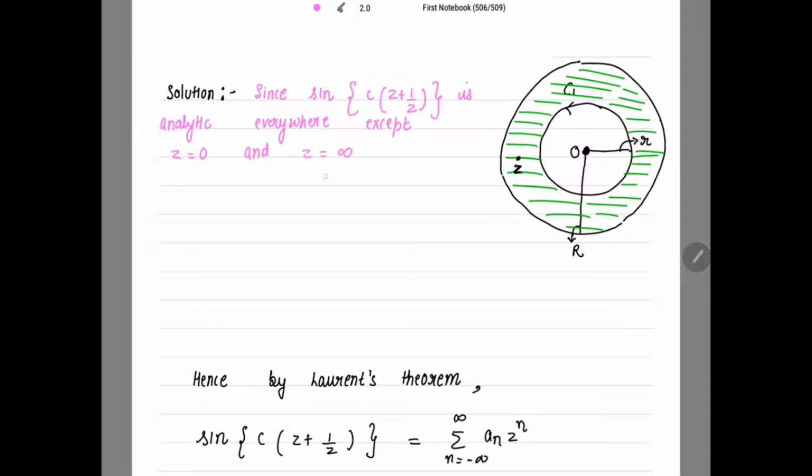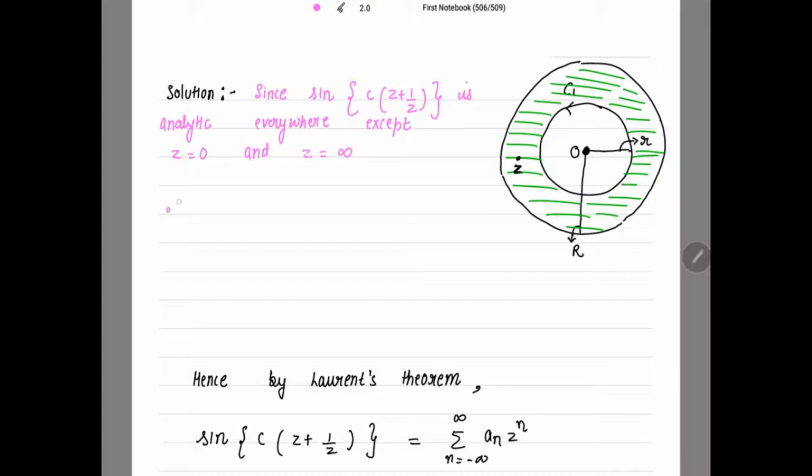At both these points the function is not defined. That's why I have written that this function is analytic everywhere except z equal to 0 and z equal to infinity, because at these points the function is not defined.